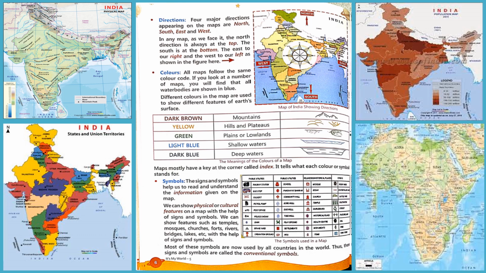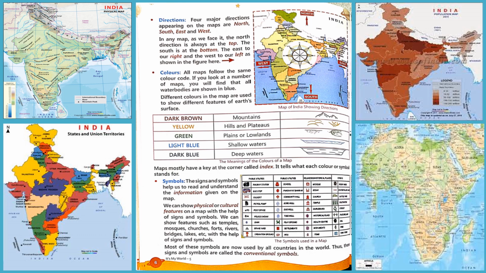Next. Maps mostly have a key at the corner called index. It tells what each color or symbol stands for. Symbols. The signs and symbols help us to read and understand the information given on the map. We can show physical or cultural features on a map with the help of signs and symbols.